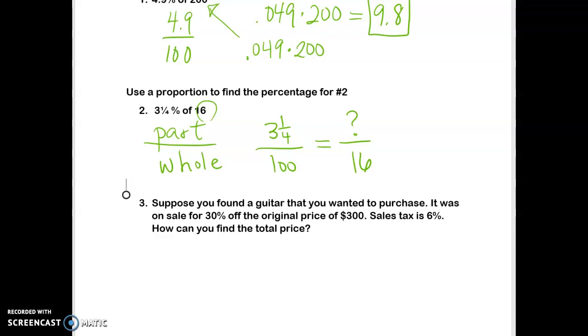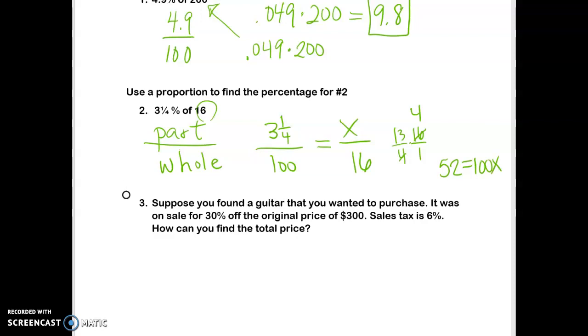So we can solve it mathematically by making this into an equation. So we do 3 1/4 and we multiply both sides by 16 and both sides by 100. So 3 1/4 times 16, I'm going to do the work here, that's going to be 52. So 52 equals 100x.